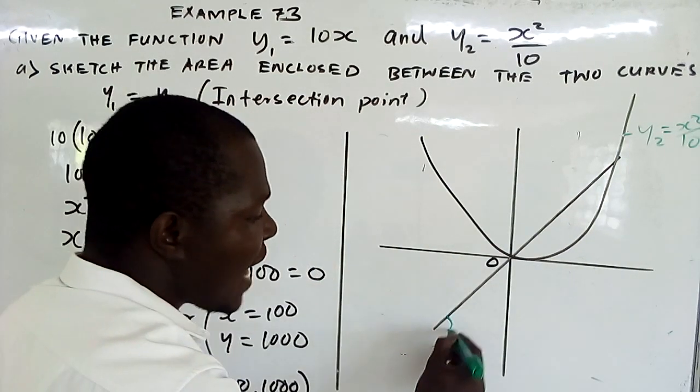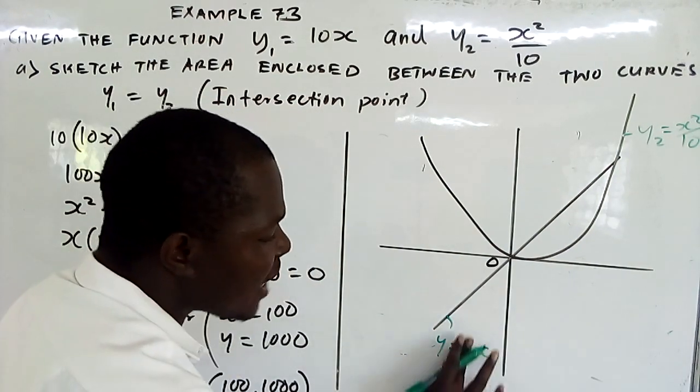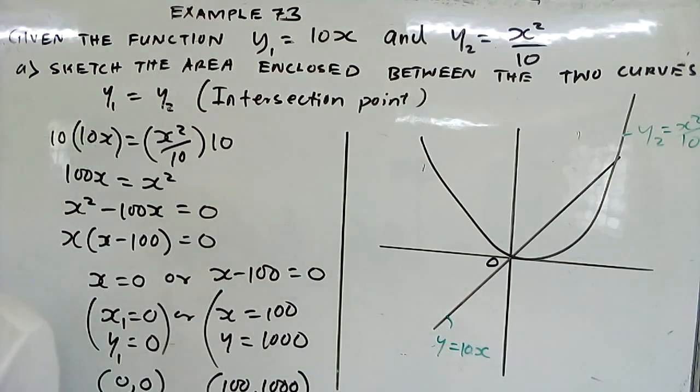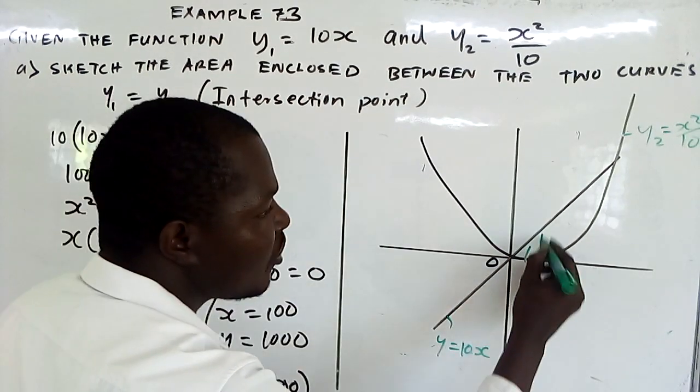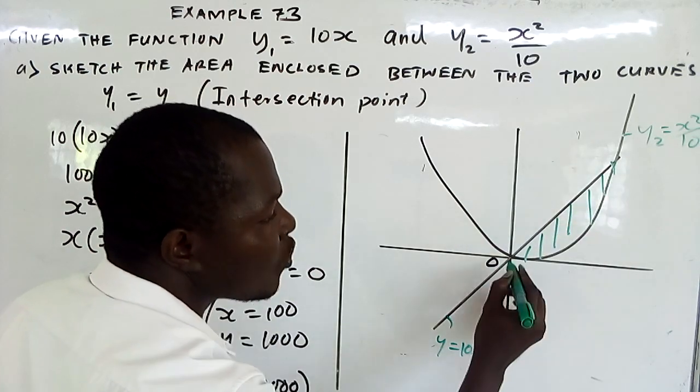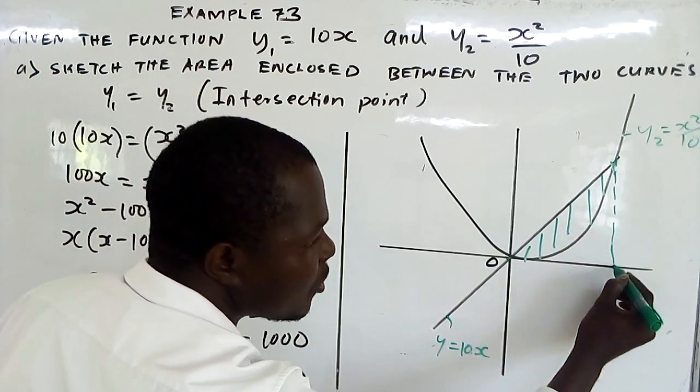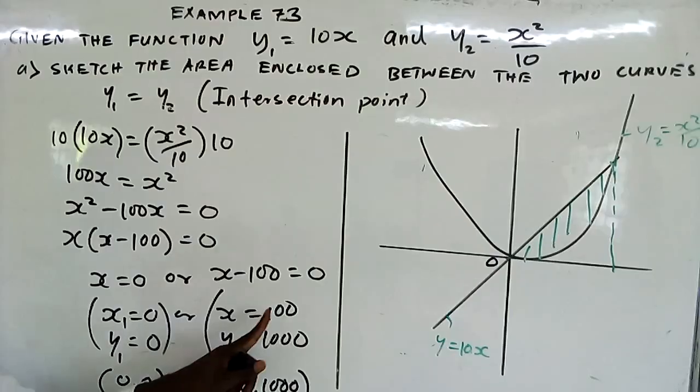Then this is the line given by y is equal to 10x. Are we together? Good. So after you sketch the two, this is the region bounded by the two, and they are intersecting at this point. At this point, x is 0. At this point, x is what?